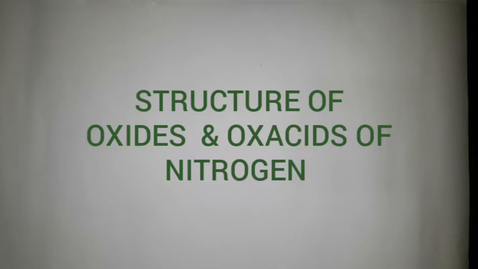In the previous video, we discussed the structure of oxides of nitrogen. The first type, nitrous oxide, formula N2O, its Lewis structure, we already discussed. In this video also we will discuss structures of oxides of nitrogen.